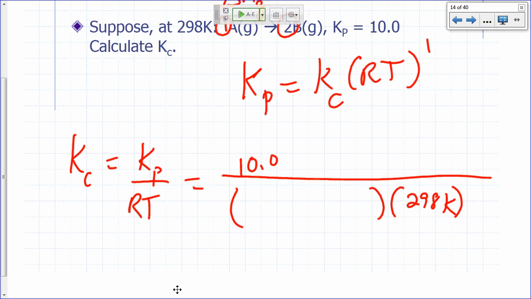Since our pressure is given in atmospheres, your R would be 0.08206 liter atmosphere per mole Kelvin, okay? But you really don't need to put the units there. Just keep in mind that since Kp is in terms of atmosphere, you really shouldn't be putting any units here, okay? So let's just do it that way.